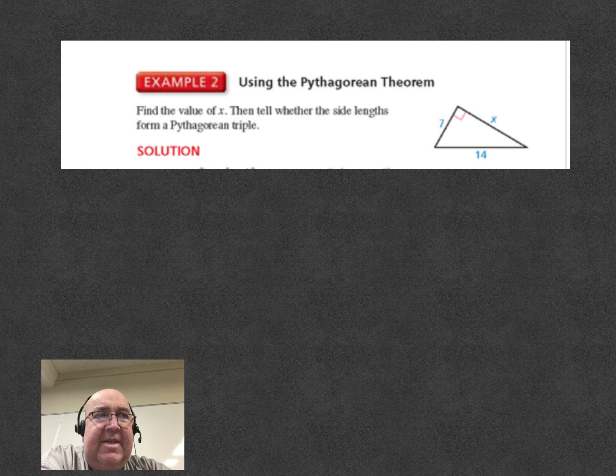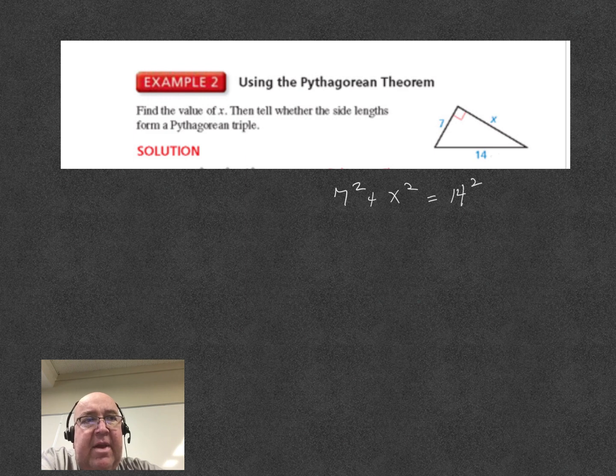This obviously isn't one of our triples, and we do have the hypotenuse, so we know that 7 squared plus x squared is equal to 14 squared.